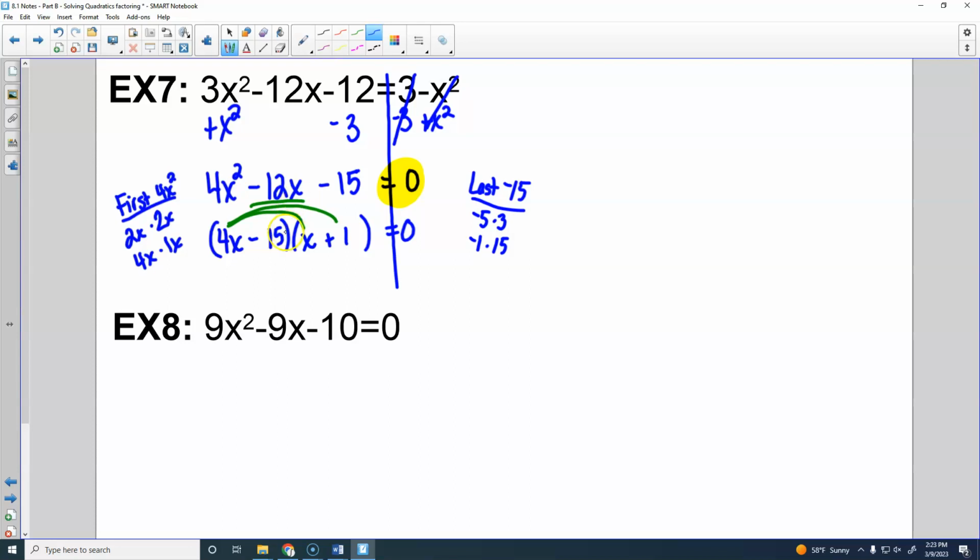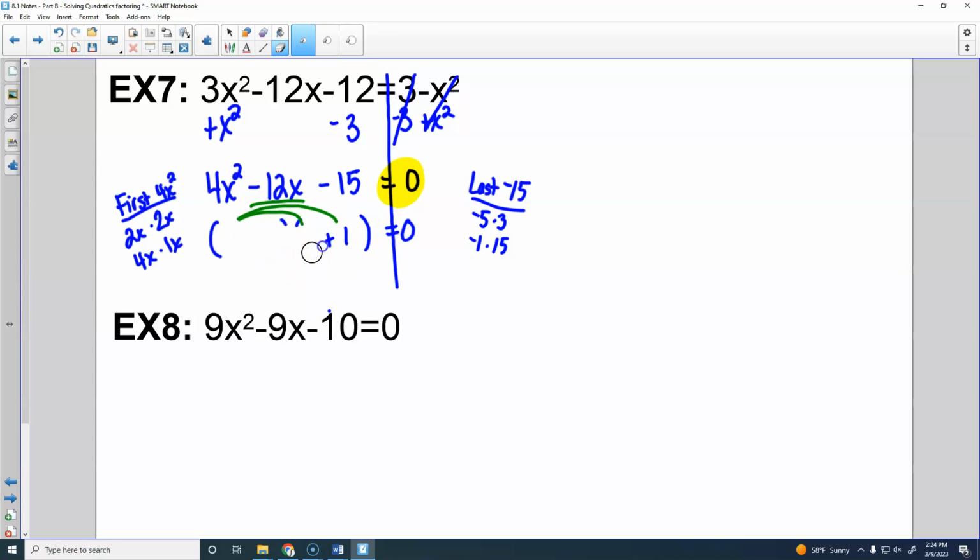I think it's going to be close, but I don't think it's going to quite work, because here we'll get negative 15x. Here we'll get positive 4x. That gives us a negative 11. It's close. It's almost there, but it's not. I'm thinking switching it's not going to work. I think we got to go to the 2x's instead of the 4x and the 1x.